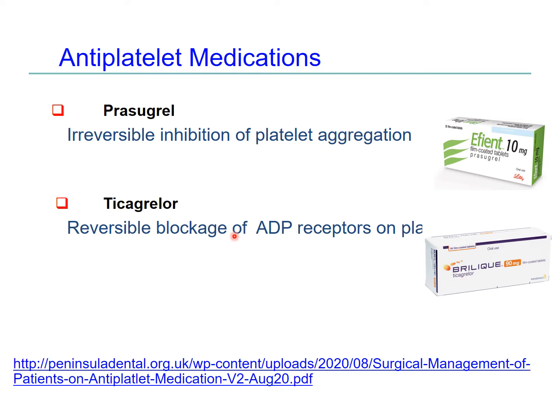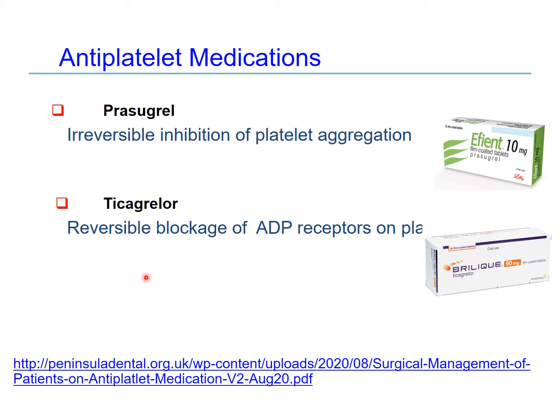Now remember, aspirin, clopidogrel, and prasugrel are irreversible inhibitors of platelets, whereas dipyridamole and ticagrelor are reversible inhibitors of platelets. And also remember, the normal lifespan of platelets is 8 to 12 days, and we'll come back to this at a later stage.